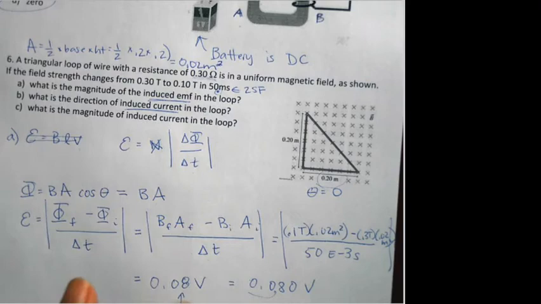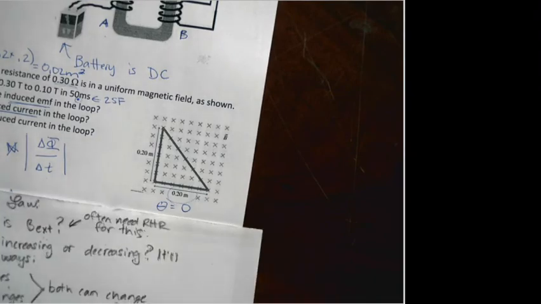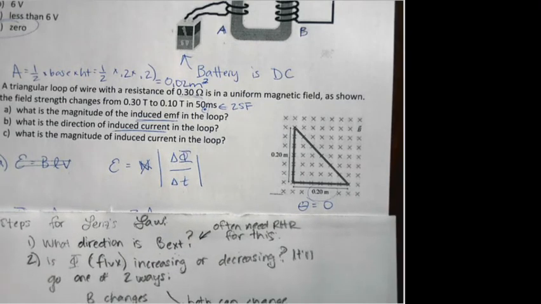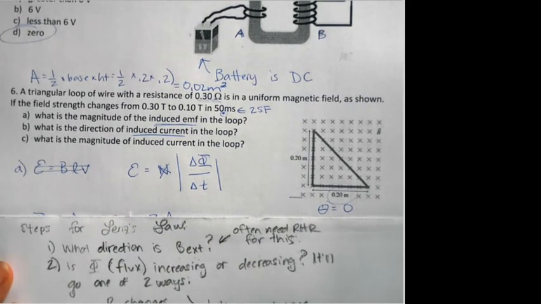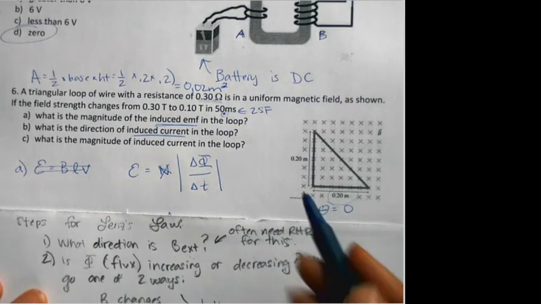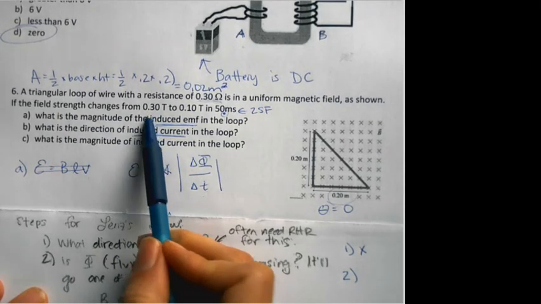So for B, what's the direction of the induced current? Now we're going to use Lenz's law. So let's come over here to use the rules for Lenz's law. So we'll say that the direction of B external is into the page, and the flux is going down.